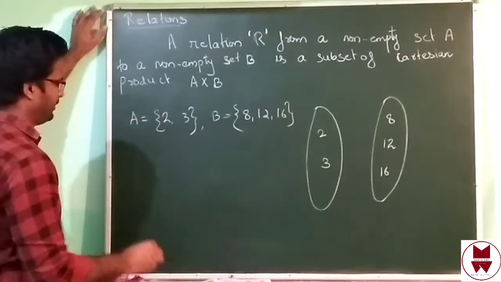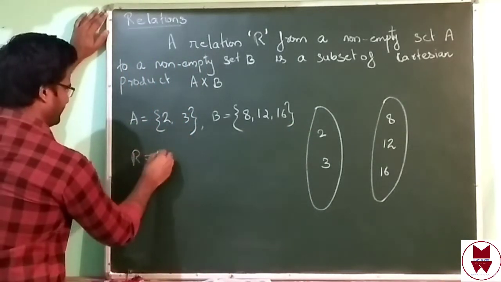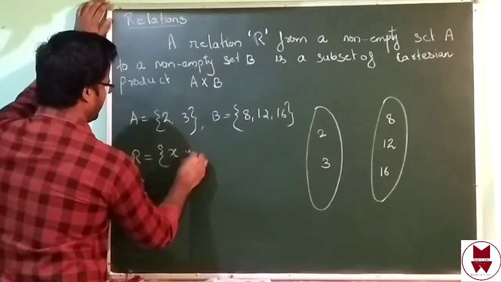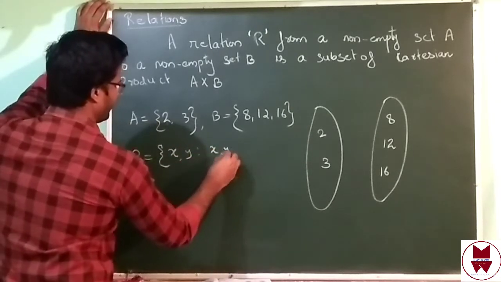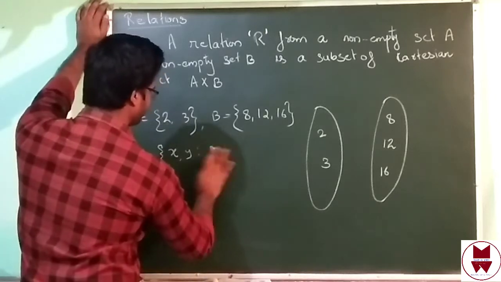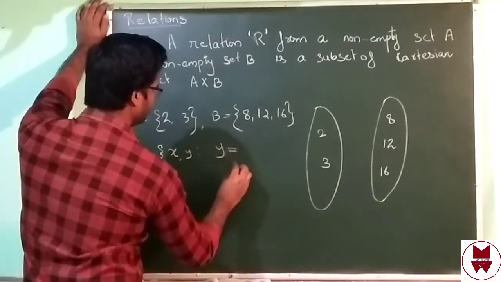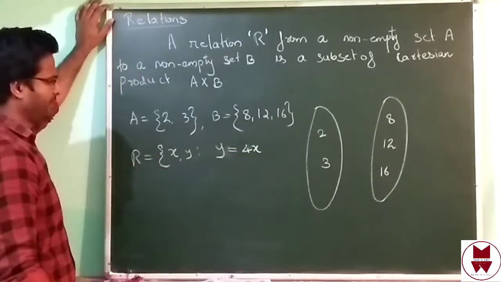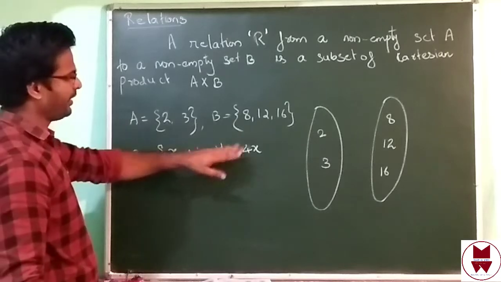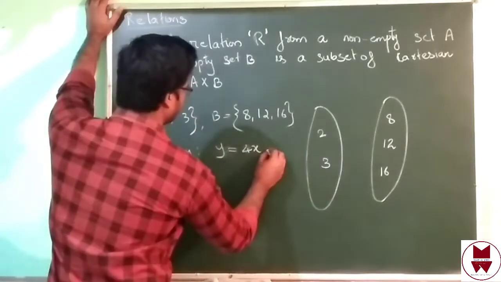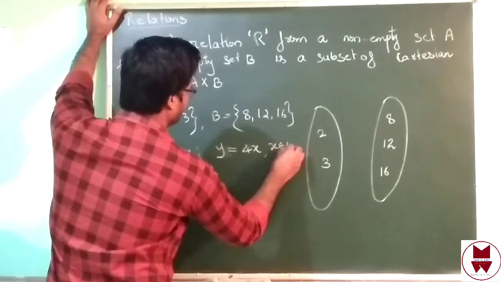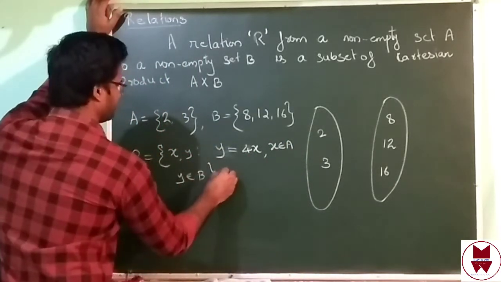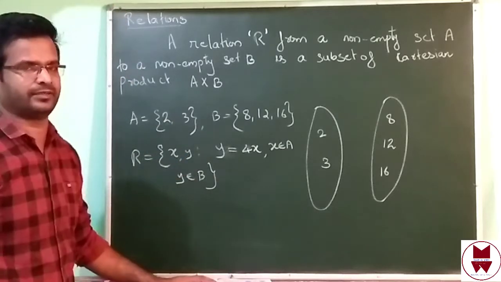And then one relation is given: the set of (x, y) such that y equal to 4x, where x belongs to A and y belongs to B. This is the relation given.